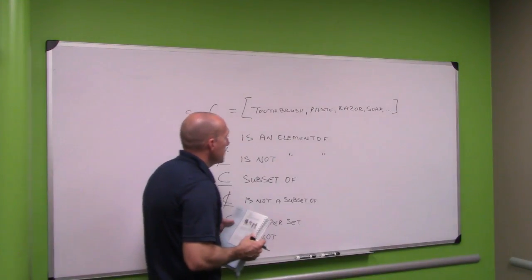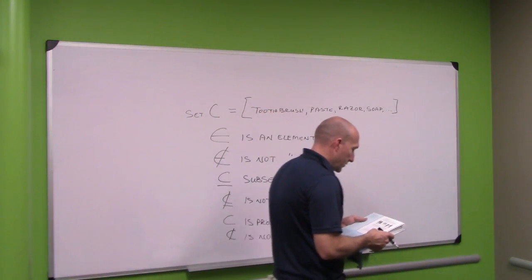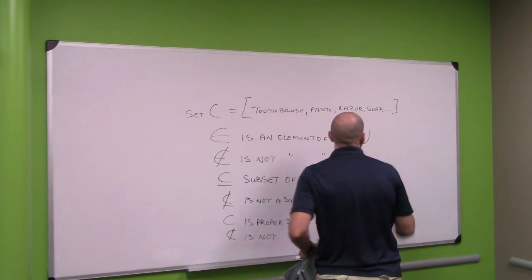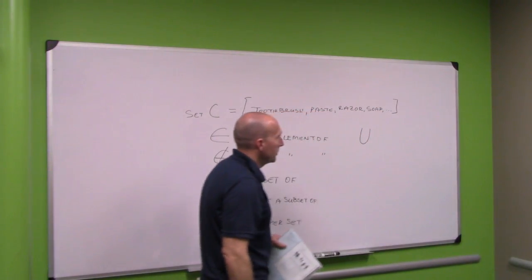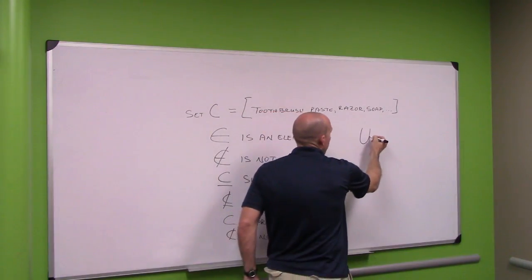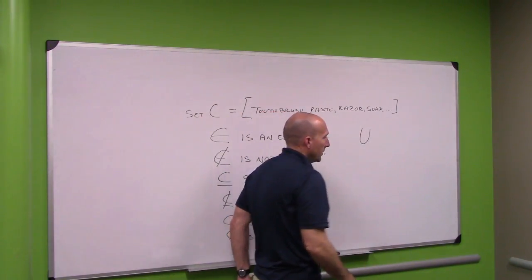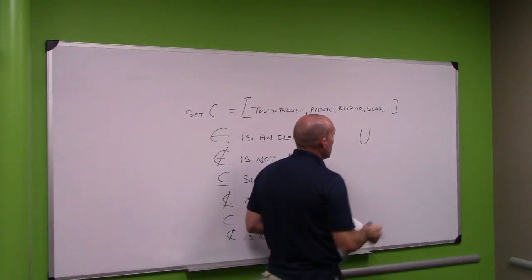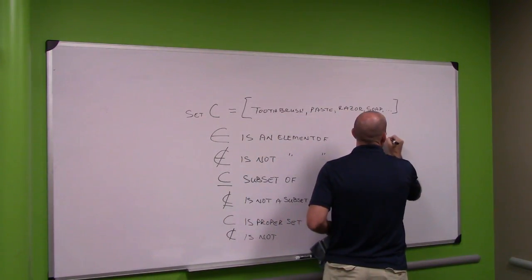Now finally, well not the last, but the next one we're going to be doing for right now is this U. Okay, it looks like a capital U, but there's not this piece that comes down typically. Now, this is what's called a universal set.